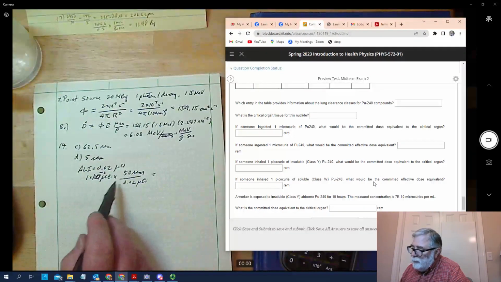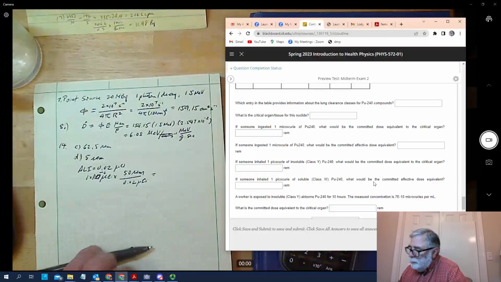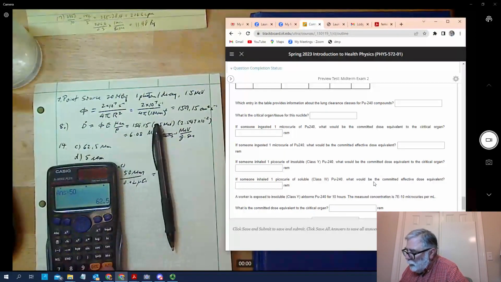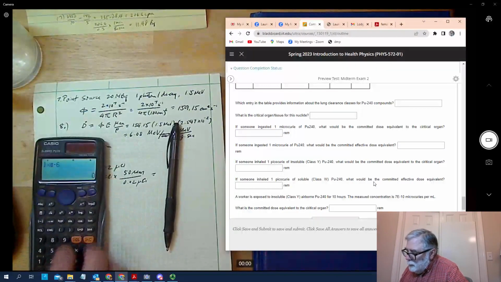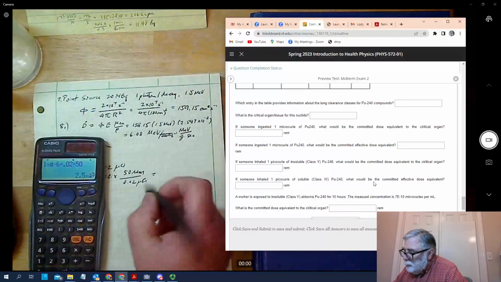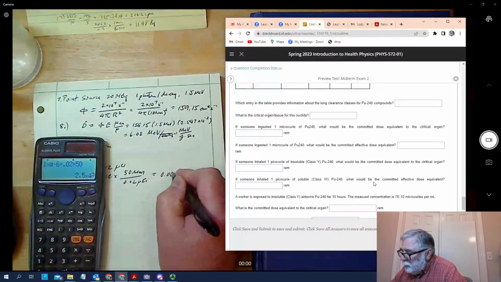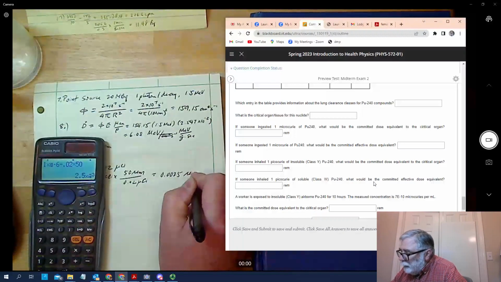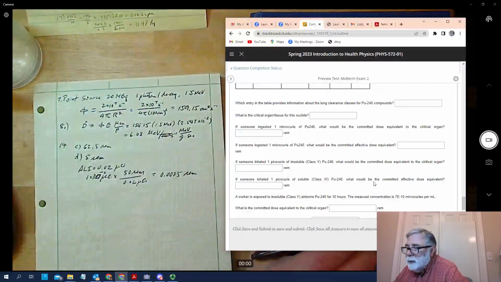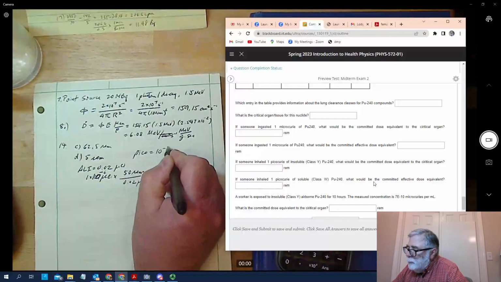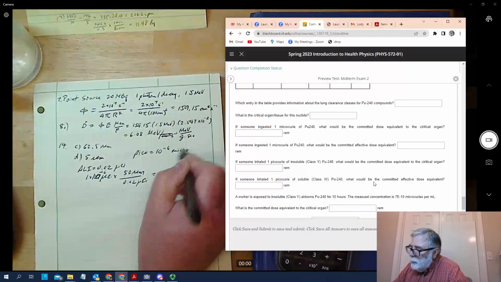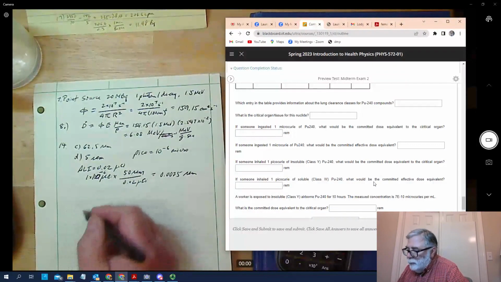So 10 to the minus 6 times 50 divided by the ALI, 0.02. 1 times 10 to the minus 6 divided by 0.02 times 50 rem is 0.025 rem. Because it's picocurie. Okay.